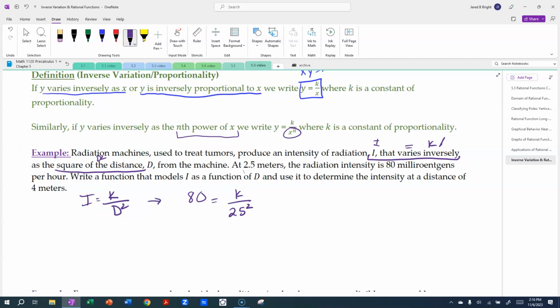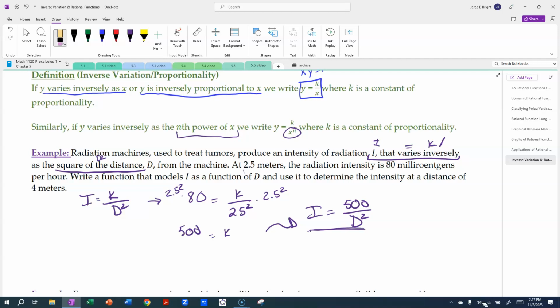To solve this, I'd multiply both sides by 2.5 squared. So k is going to equal 80 times 2.5 squared, which gives me 500. So in all, my equation is I is equal to 500 divided by distance squared. That's the equation I will be working with.